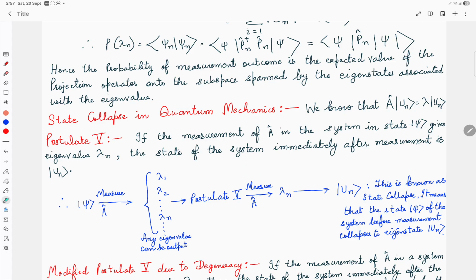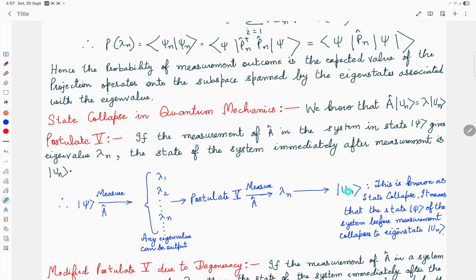That's what I am trying to show here. You are given ket psi, you try to measure A, you have a set of eigenvalues. Postulate 5 says that you will get one of the eigenvalues, which is lambda n, and the resultant quantum state will be ket un corresponding to this lambda n.